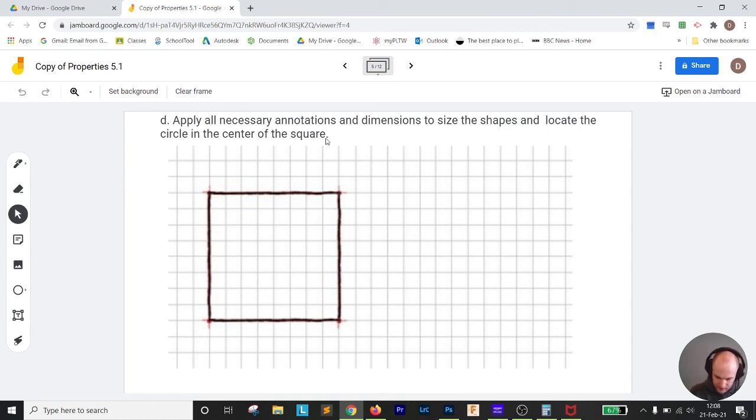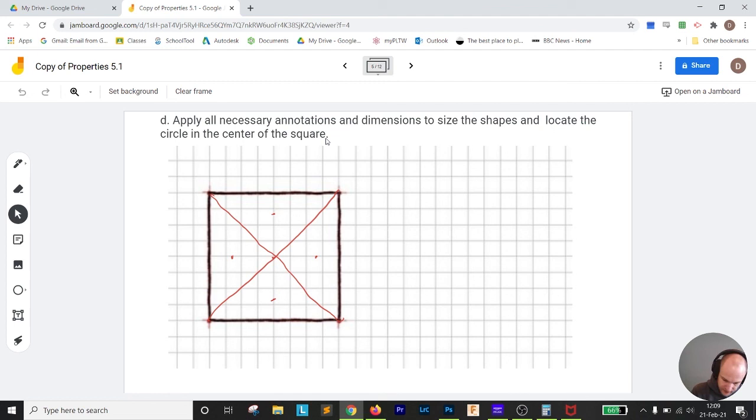So basically, using the red to locate, this would be the center of the circle, and I'm using it so that the grid spaces are 1.18. So these would be 1, 2, and somewhere in here would probably be around where I'd want to locate my circle to draw it. And then I could go in and draw my circle.